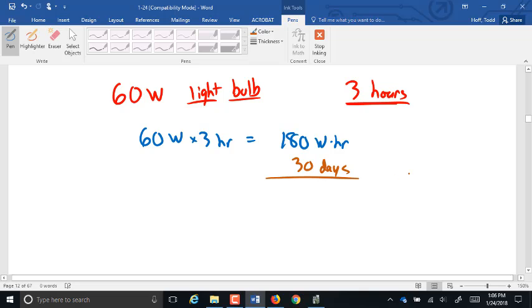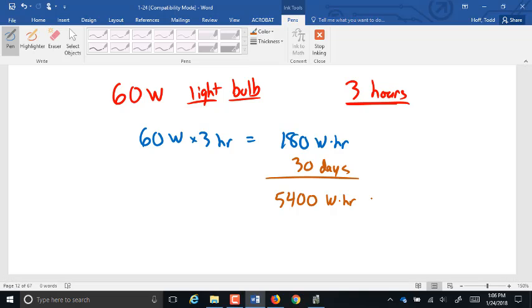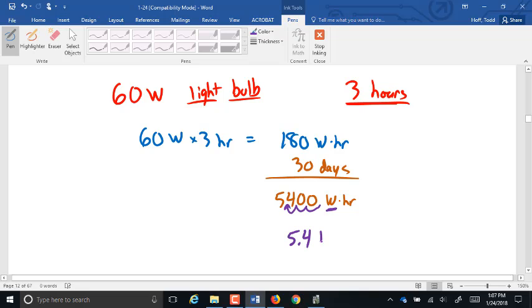So 180 times 30 is 5,400 watt hours in a month. How do I change watts to kilowatts? How many watts are in a kilowatt? 1,000. So dividing by 1,000, we just move the decimal point over 3 spots. That is 5.4 kilowatt hours.